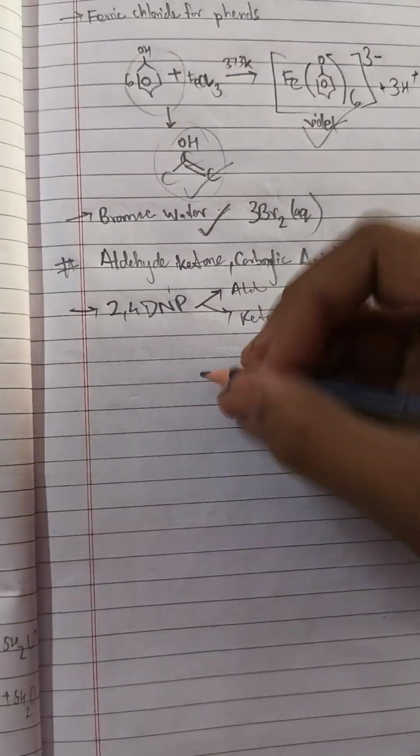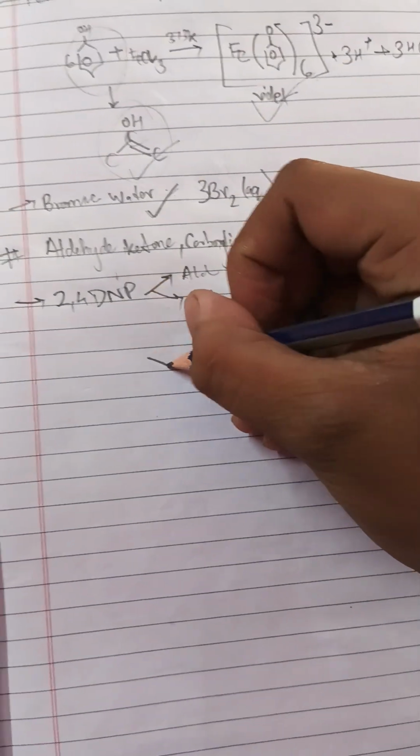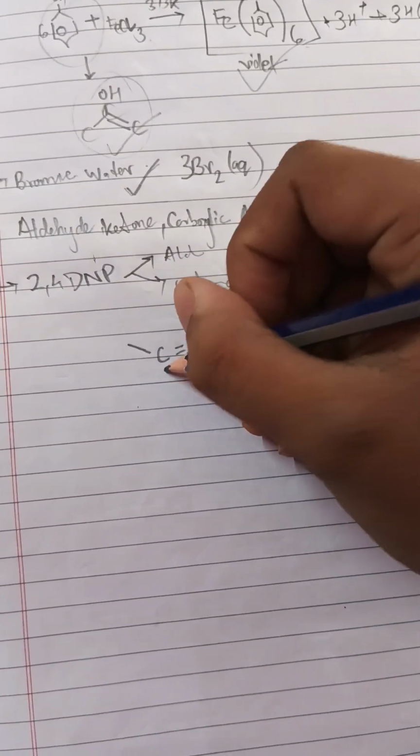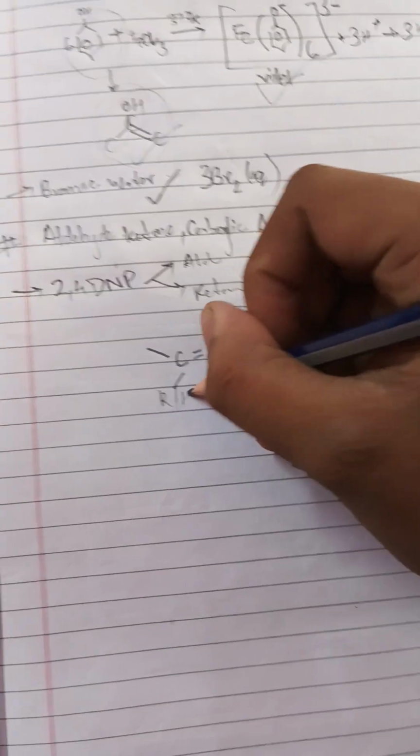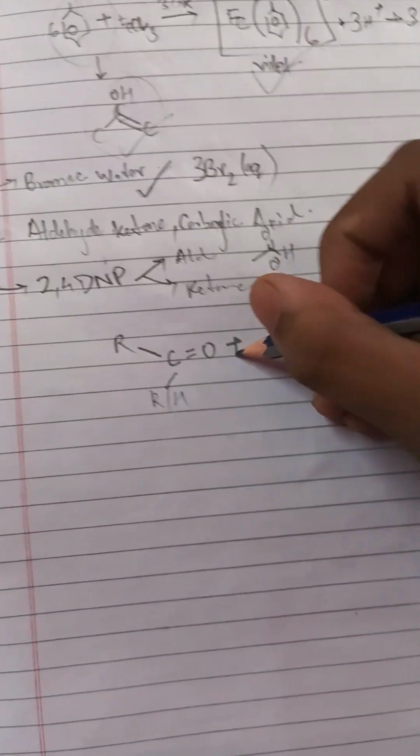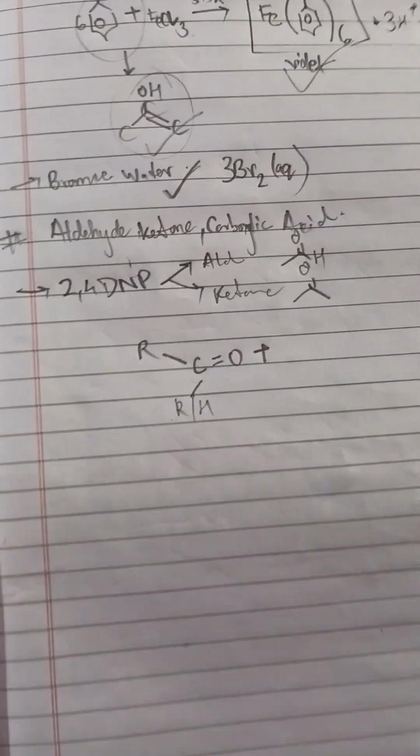Alright, so how does the reaction go on? We need this kind of thing to happen here. There can be an R or H, plus 2,4 DNP. What is 2,4 DNP?